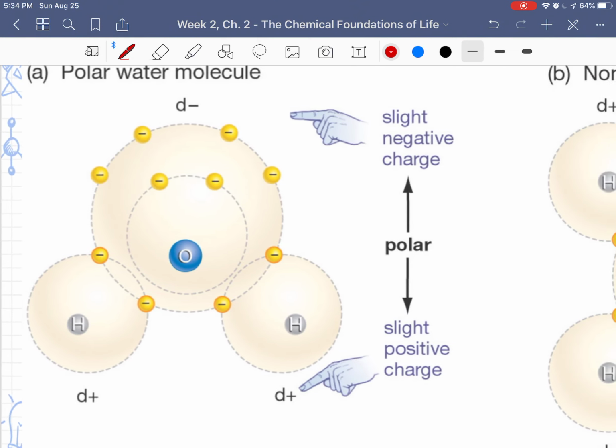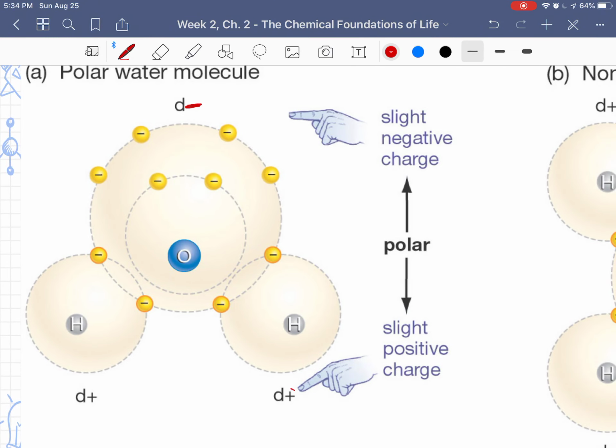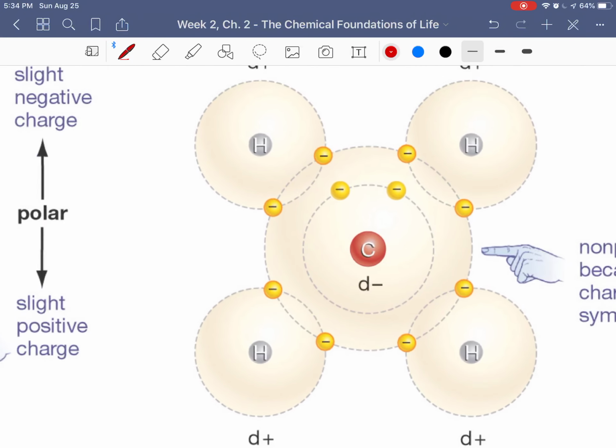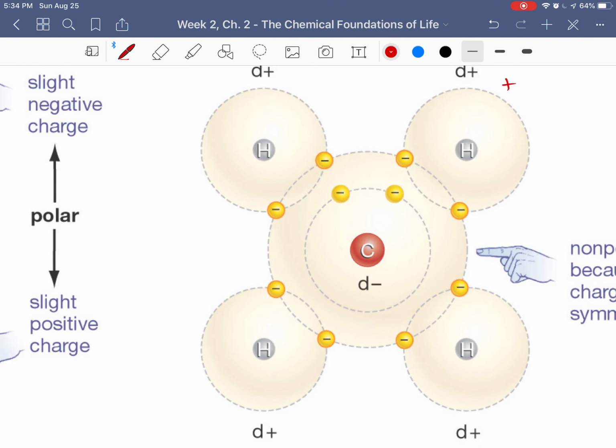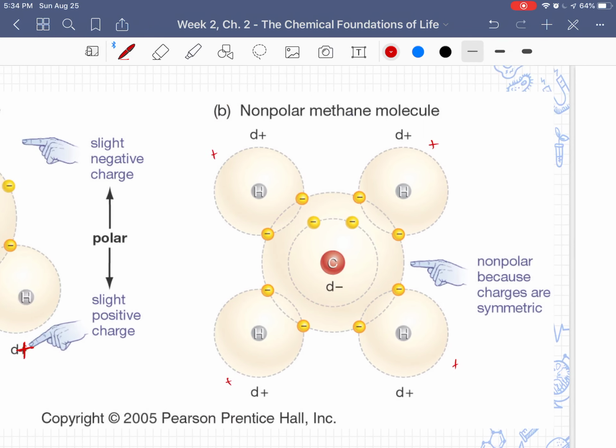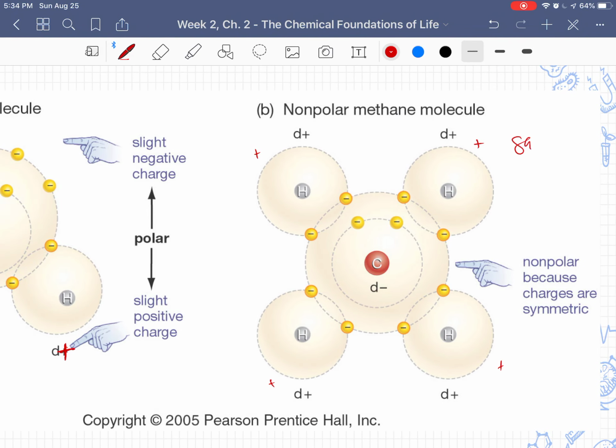So polar, you have a negative end and positive ends. You have poles. Nonpolar methane is going to be the same all the way around that molecule. So that is nonpolar.